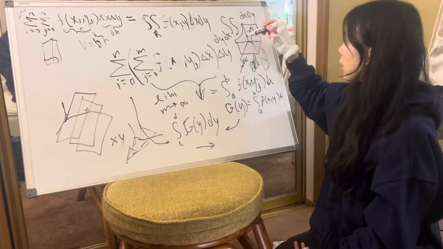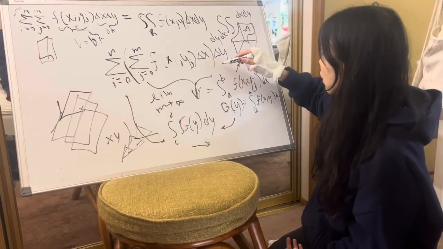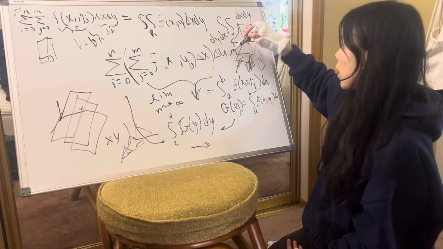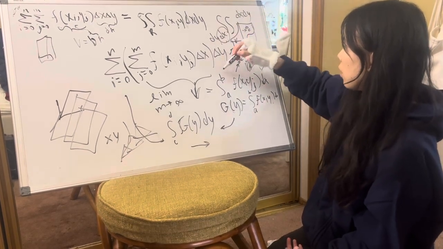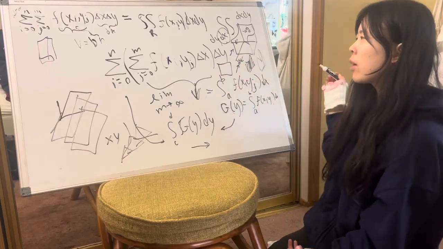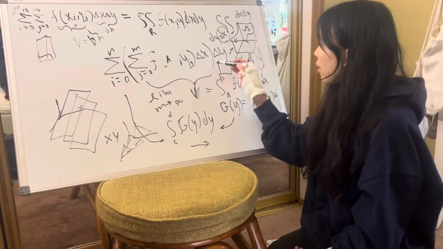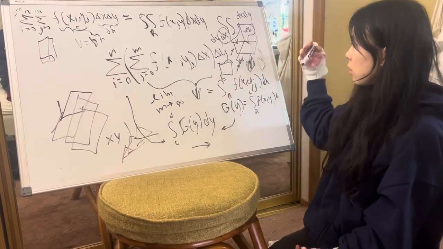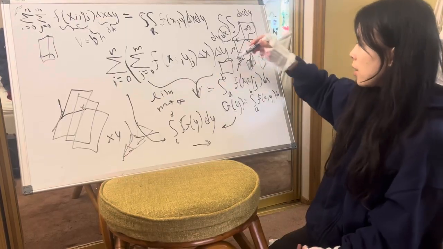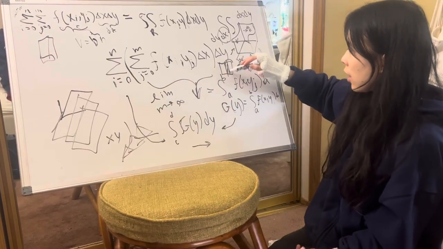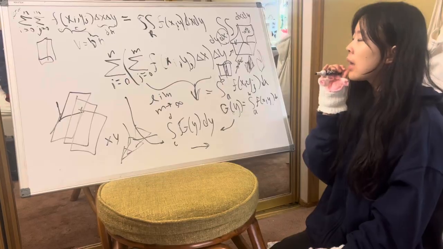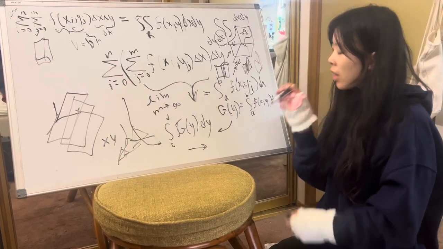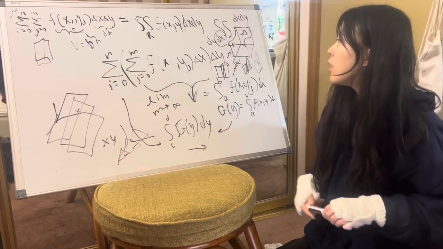It would be like going across the x to get this slice, which is kind of like a rectangle, and then the y, like this way, taking the rectangles here and adding up to get the area of the slice. So yeah, that's an interesting geometric interpretation.